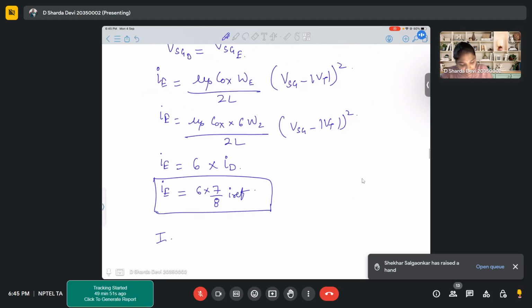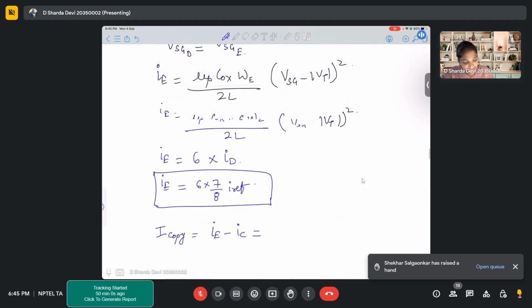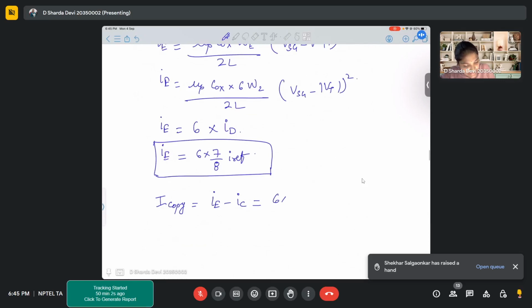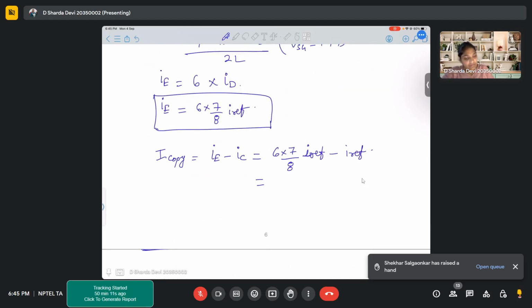Now we have to find I copy. We already know I copy is IE minus IC, and IC was IREF. So 6 into 7 by 8 times of IREF minus IREF. Thirty-four by 8 times of IREF is what we get for I copy.